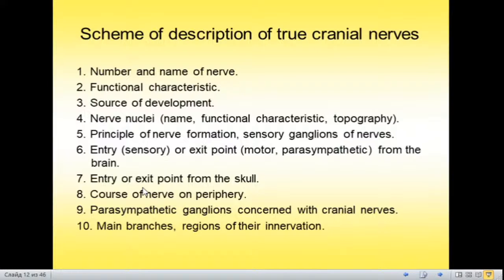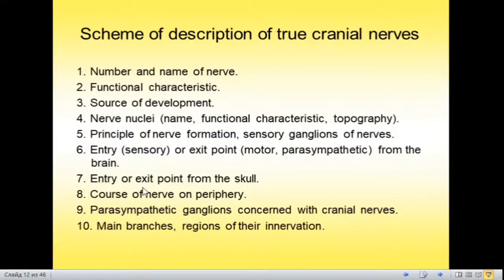Don't confuse, please, location of nucleus and projection to rhomboid fossa. Then, principle of nerve formation. As I mentioned above, if nerve has sensory component, you have to mention what it is formed by. If motor component, axons of which nucleus. If parasympathetic fibers, axons of which nucleus.